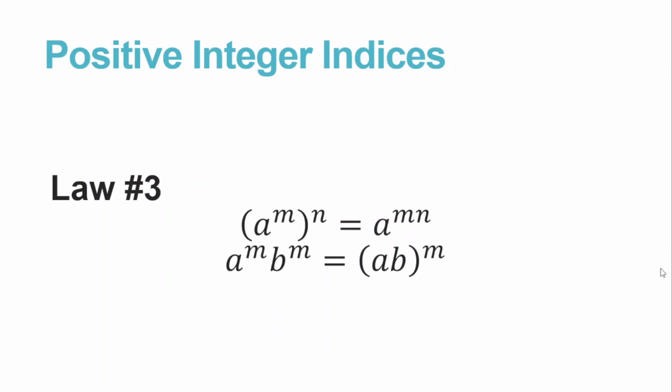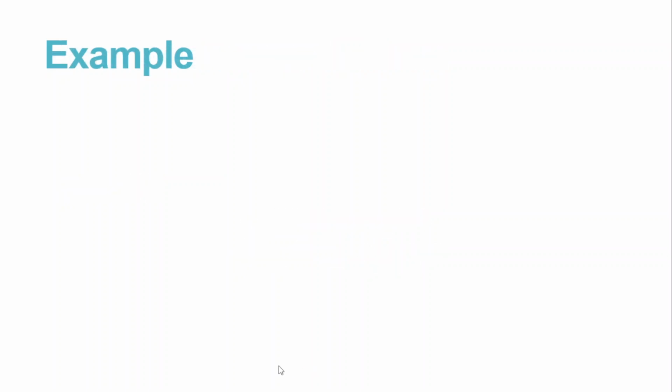Alright, next one. Let's have an example first so that we can go on. Here, let's have this example: x squared y cubed over z divided by xy over z to the 5.